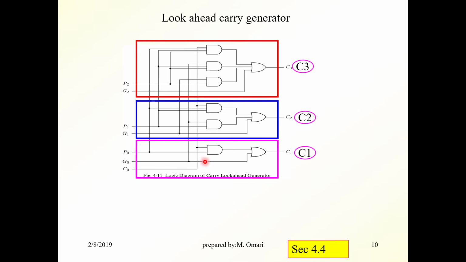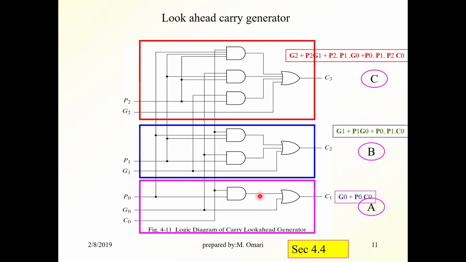This is a carry look-ahead generator for C1, a carry look-ahead generator for C2. This here is the circuit that generates C3. These are the three circuits and their outputs. These are the inputs. Remember what G0 is. It's X0 ANDed with Y0, which are given immediately. Now this is the circuit for C2, and this is the circuit for C3.